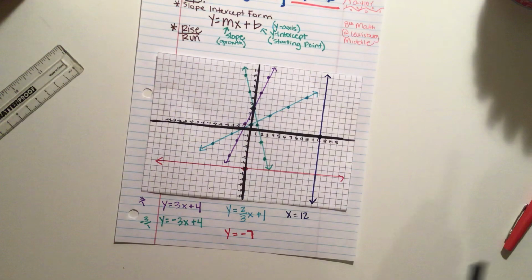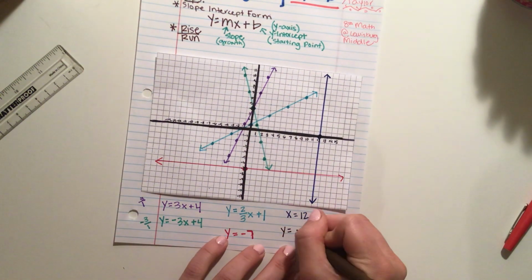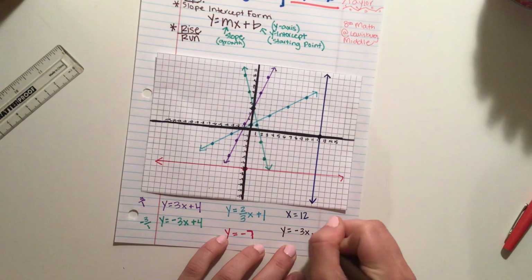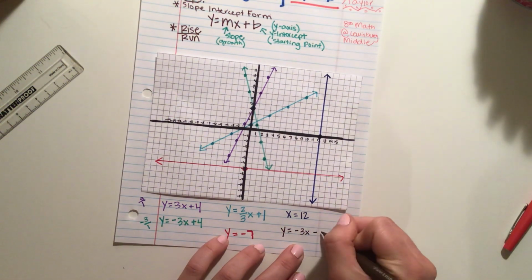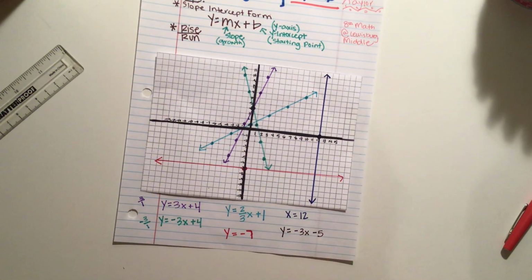Now, what if you have a slope that is negative something, but it starts in the negative area? Easy. Just follow your rules. So what if I have y equals -3x minus 5? All right. Starting point. My initial value on the y-axis is -5.